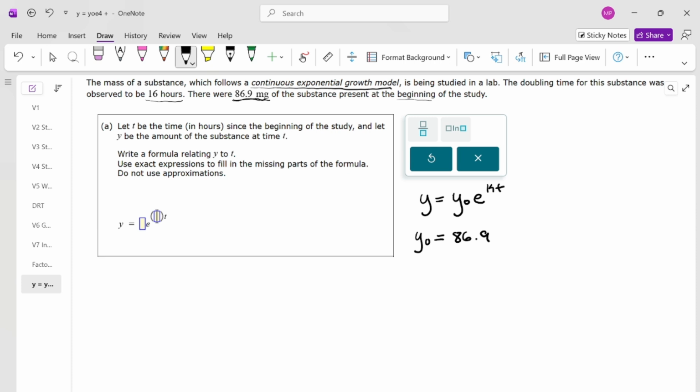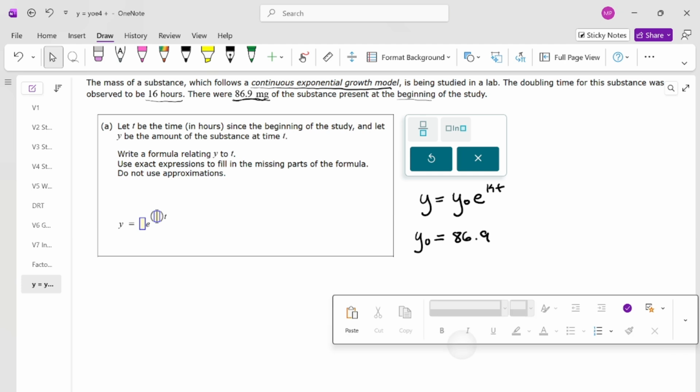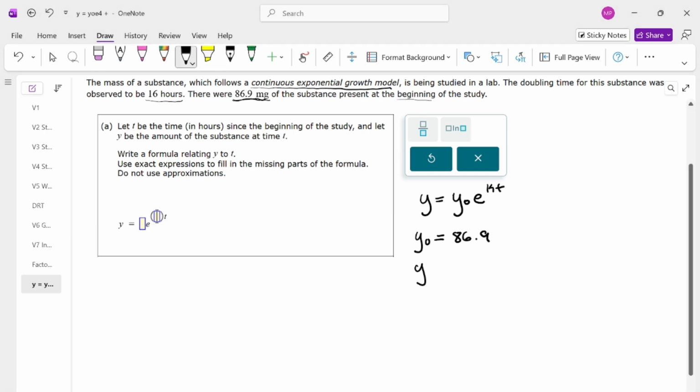We also know that the doubling time for this substance was observed to be 16 hours, so the time is 16 hours. So we know that our final amount, our Y, is equal to 2 times our initial amount, our 86.9.